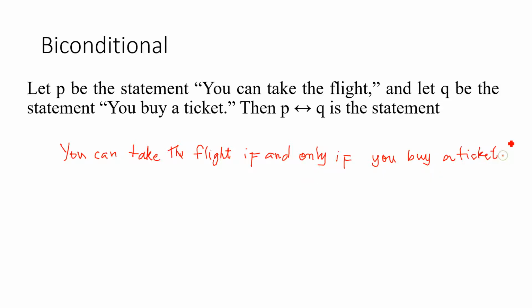It means to say that if you buy a ticket, you can take the flight, and you can take the flight if you buy the ticket. So that's how the biconditional works.